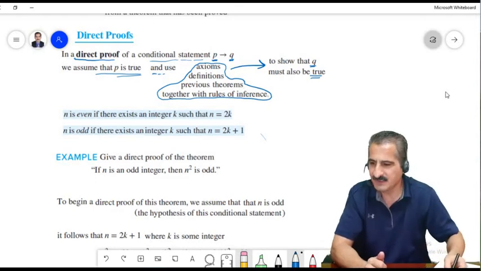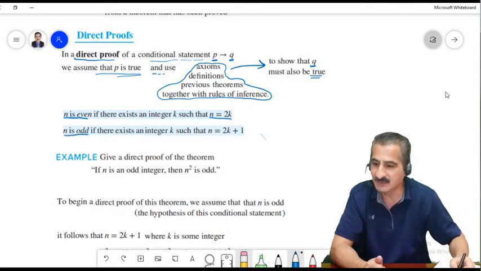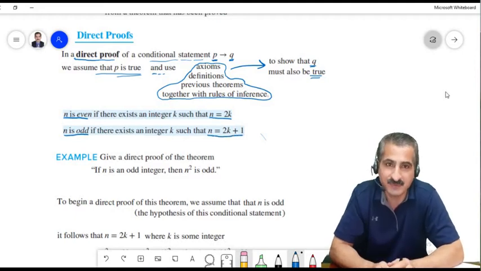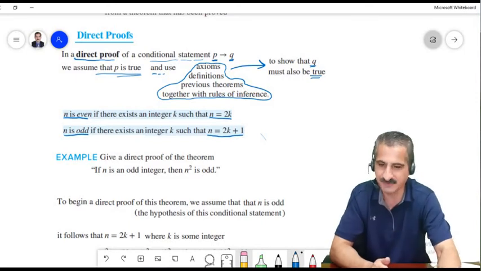To see an example, we need to recall the definition of an even integer. It is even if it is of this form, 2 times k, where k is some integer. And it is odd if it takes this form and equals 2 times k plus 1, where k is some integer. It could also be 2k minus 1. Okay.